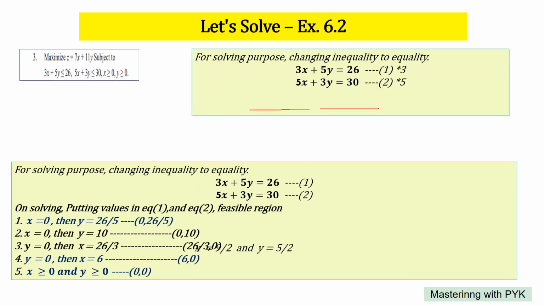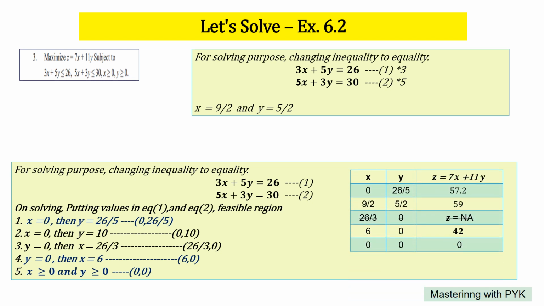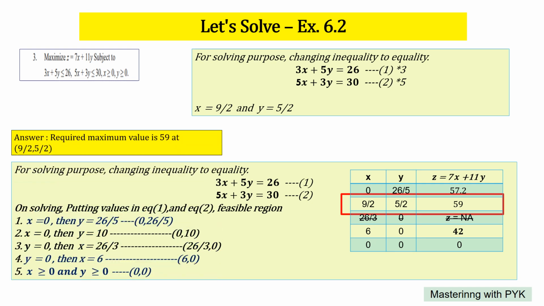For the purpose of solving, we cross multiply so that we can cancel the parameters, and we get x as 9 by 2 and y as 5 by 2. This means it is 4.5 and 2.5. On putting the values, we get 9 by 2 and 5 by 2, where z is maximum, that is 59. Do draw the graph and share with us.